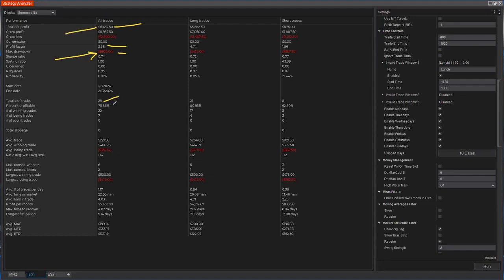It's great. 75% winning trades. Does that matter? It matters when you factor in your risk reward, which is 1.14 in this case. The numbers that matter are profit, drawdown, and profit factor, which is 3.58.